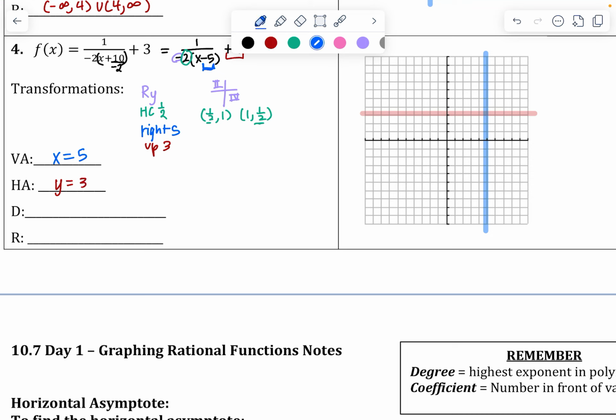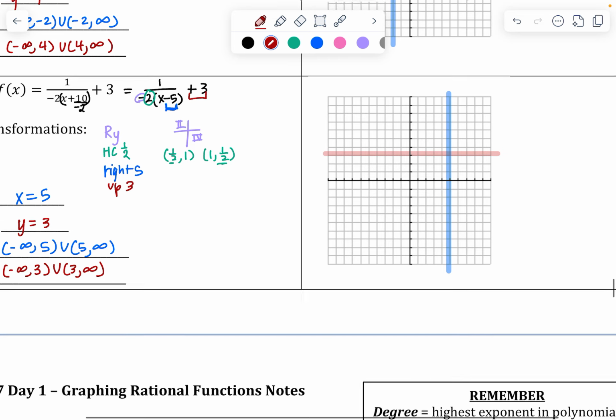So that means our domain is skipping over the 5, and our range is skipping over y equals 3. Okay, so now we've got to get our points.